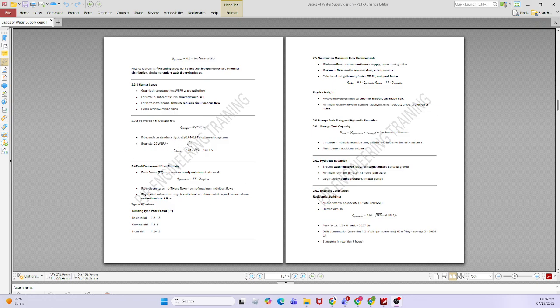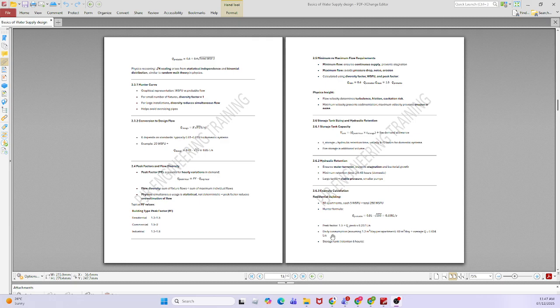The K depends upon the application as well. So 0.01 multiplied by the square root of 250 gives you the Q probable flow rate. Then the peak factor 1.5 for residential, depending upon the application, gives you the peak flow rate. So you can calculate the probable flow rate and peak flow rate.